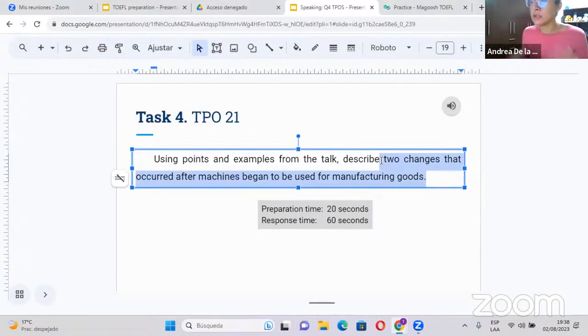And then you have to focus on the two changes. So yes, it is important for everybody that you hear the exact words that the professor uses for the two subtopics, because those are things that you normally can't change. In this case, the first subtopic was the center of production moved from homes to factories.